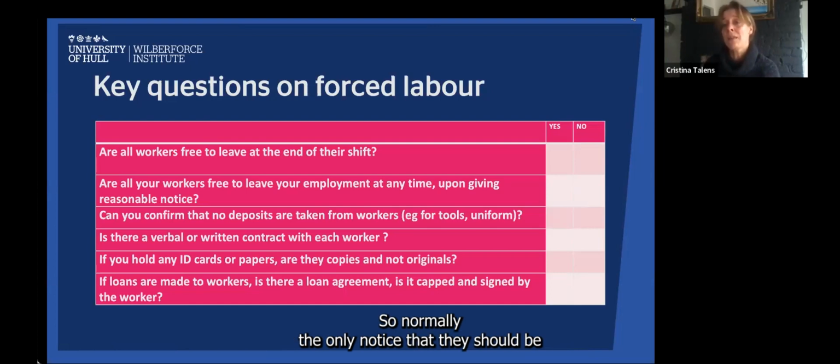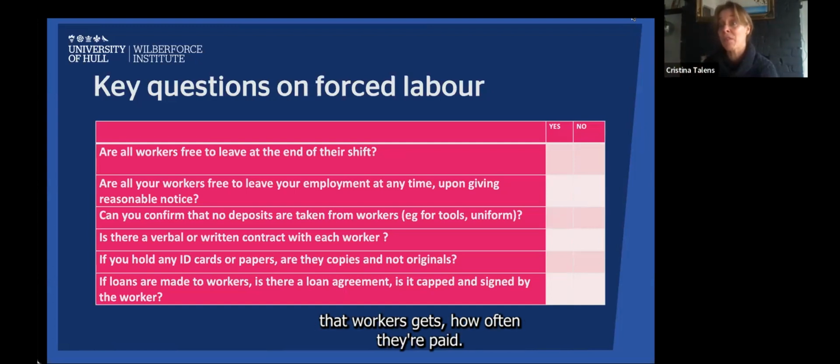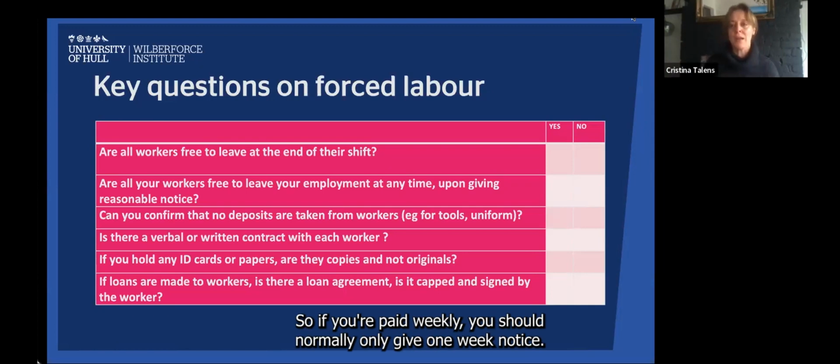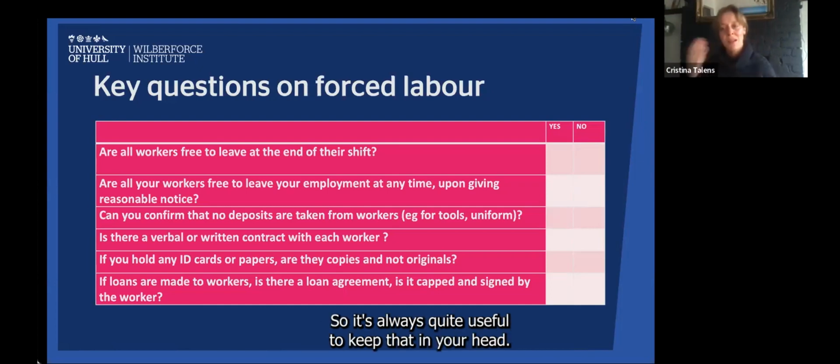So normally the only notice that they should be giving is their weekly notice. We usually attach that to the period of time that the payments that workers get, how often they're paid. So if you're paid weekly, you should normally only give 1 week notice. If you're paid monthly, it should be a 1 month notice. So it's always quite useful to keep that in your head.